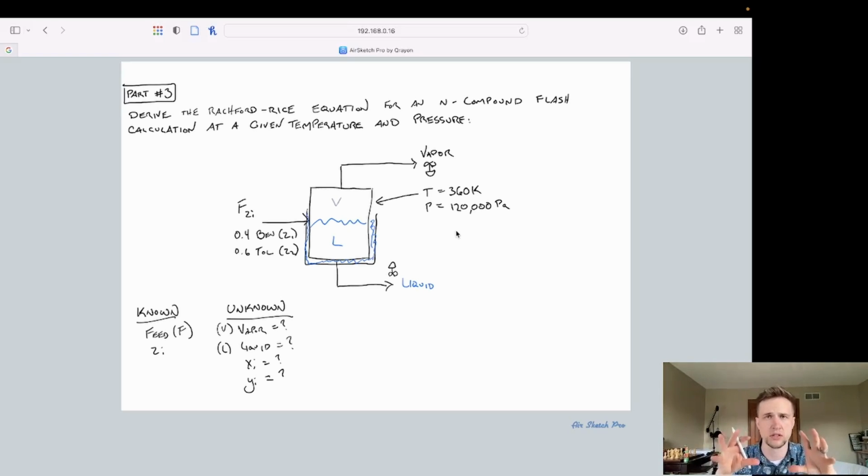So we're also going to consider that this situation is ideal and thus works for Raoult's law. Let's put that over here.